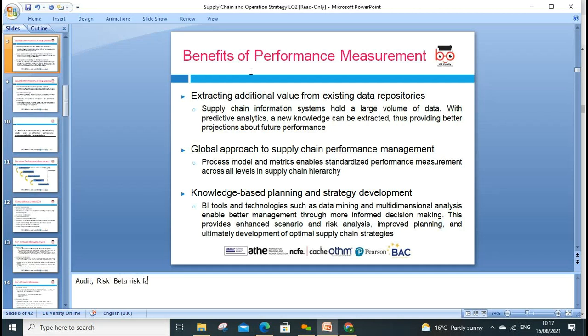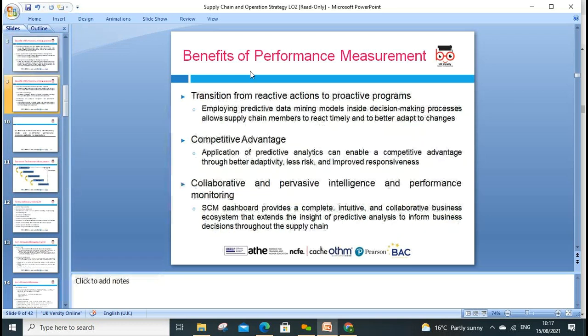It's called the risk factor. The higher the beta, the higher the risk, the higher the return. Some supplies and some routes can be quite risky but very cost saving. Like China investing hugely, there is a lot of risk involved, but at the end of the day it is a high return as well.